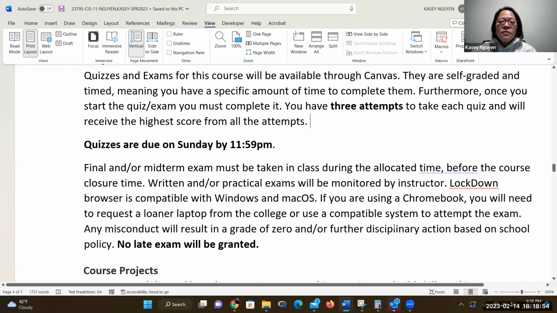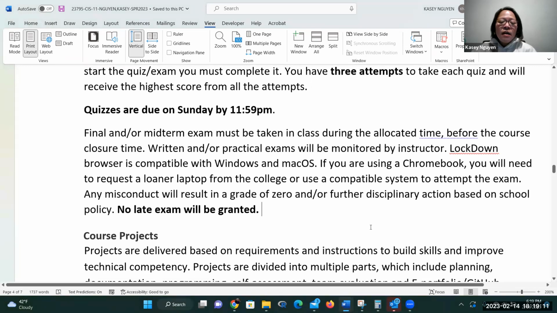We'll talk about how you can install Lockdown Browser. There's going to be a specific link for the exam through Lockdown, so you cannot just use any link to install and access the exam. I will not allow late exams, as I will turn it on at the beginning of the week, and you have approximately 4 days to take your exam.